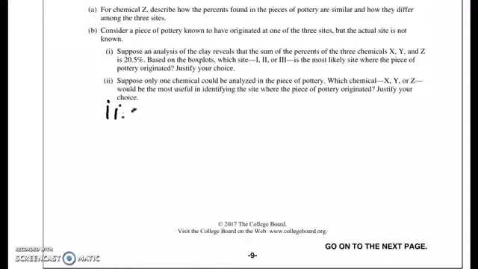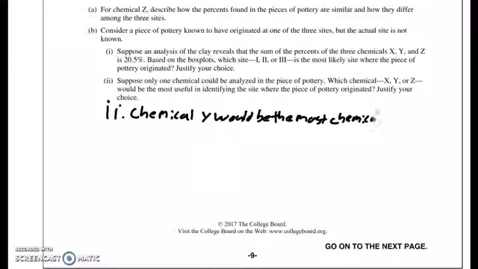we're just going to say chemical Y would be the most useful chemical for identifying the pottery piece.